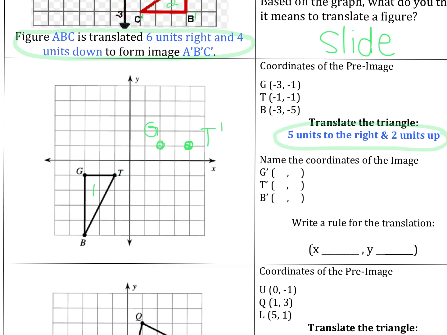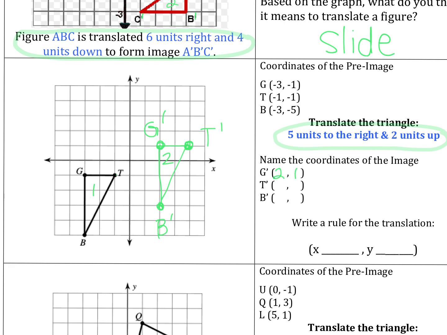And if you notice, the triangles are still the same size. 1, 2, 3, 4, 5, up 2. And all the letters are the same distance apart as they were in the original shape. It doesn't need to be perfect, but it is still the same. So my new letter G is 2 and 1.